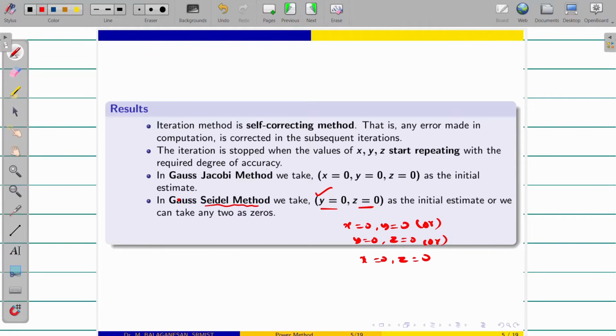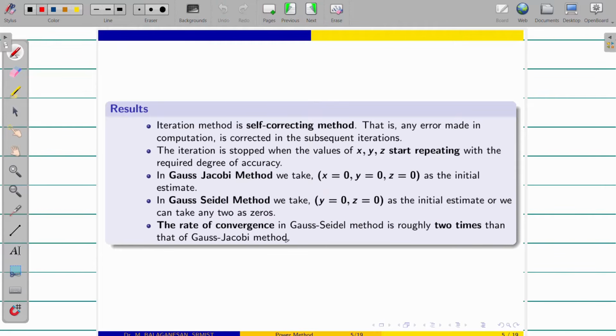What about Gauss Jacobi? All the values x0, y0, z0 initially we are going to consider, right? What is the advantage? We are going to study Gauss Jacobi and Gauss Seidel also. If you want to compare the two methods, in the Gauss Seidel method, the convergence is faster, roughly two times that of the Gauss Jacobi method.